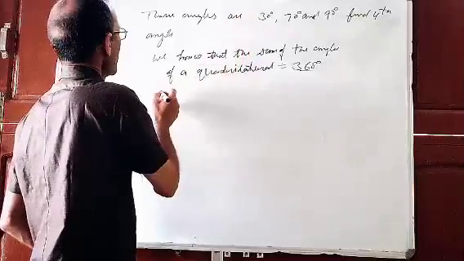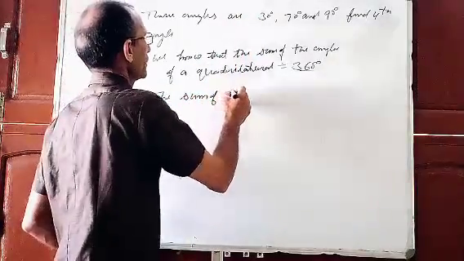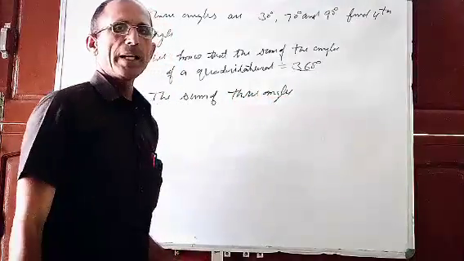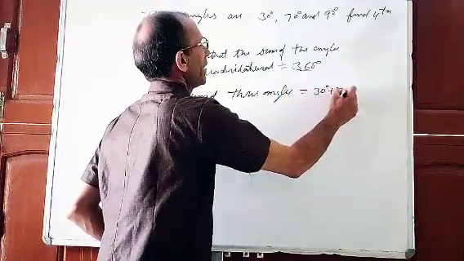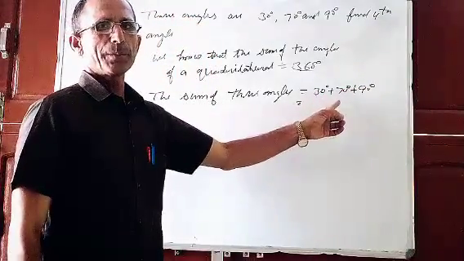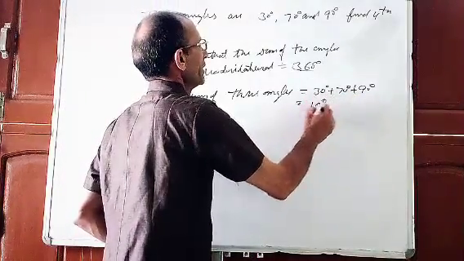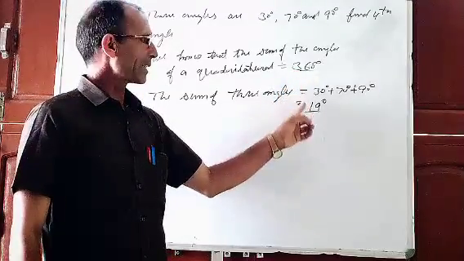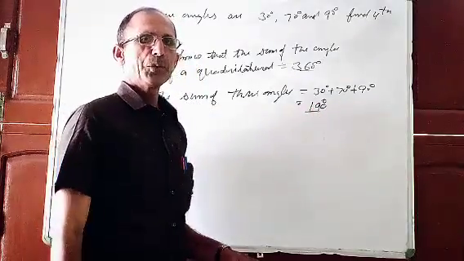The sum of three angles is equal to 30 degree plus 70 degree plus 90 degree. So 30 plus 70 is 100, plus 90 is 190 degree. The sum of four angles is 360, the sum of three angles is 190 degree. Then the fourth angle.